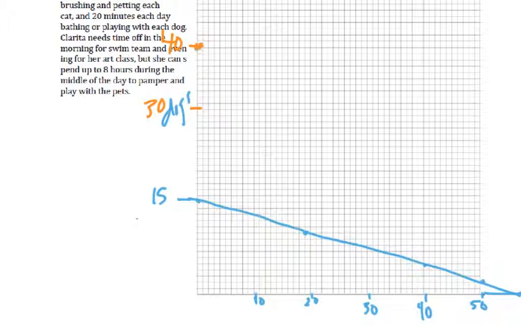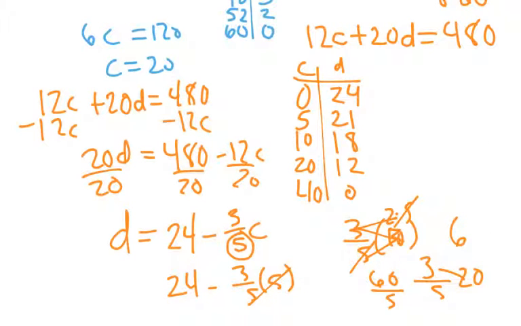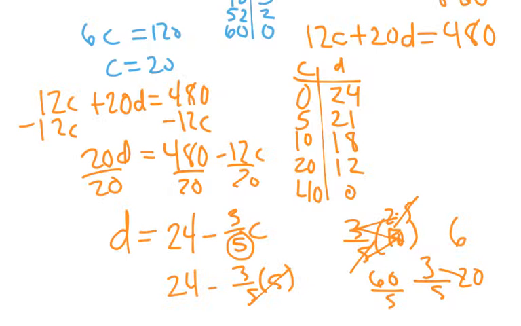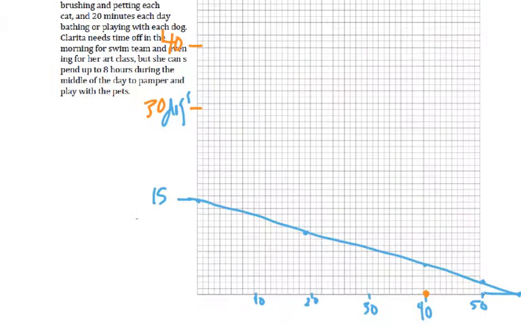So 0 and 40 would be a point right there. Okay. Or 40 and 0. Oh crap, am I doing it backwards? I am. My bad. Mix it up. So 40 would be right here. Okay, so that's 40, 0. 0, 24 is where we'd want to go. So it'd be right about there.